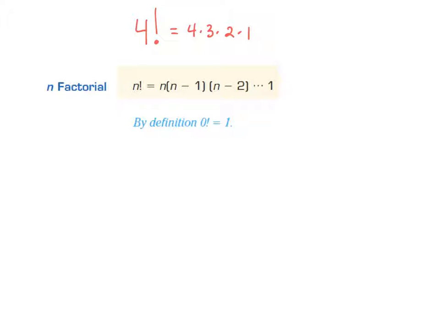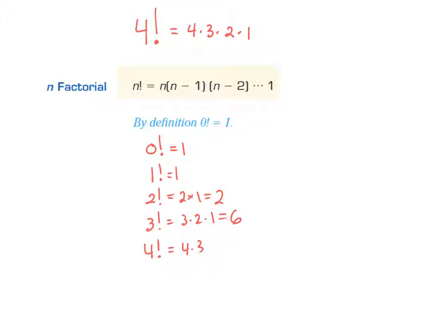And by definition, 0 factorial is 1. So we have 0 factorial, which is 1, 1 factorial is 1, 2 factorial, 3 factorial, 4 factorial.